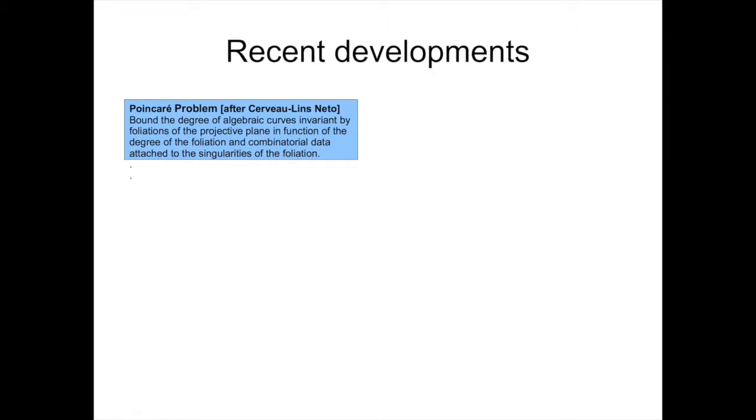Okay, and so somehow in the modern literature of foliation theory, the Poincaré problem, which I like to understand as: does there exist a procedure to decide if a given differential equation is algebraically integrable or not, became: let's bound the degree of the general leaf, the degree of the general solution, in terms of the degree of the equation, the degree of the coefficients, and also combinatorial data attached to the singularities.